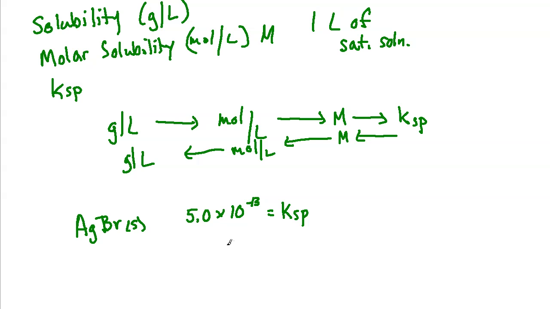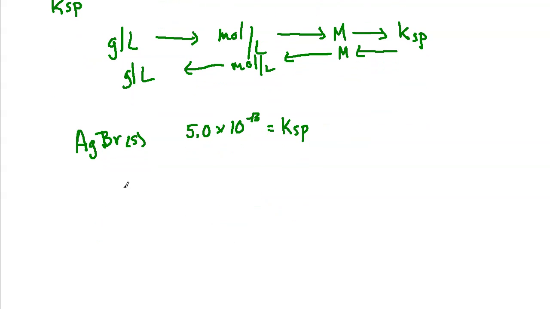Now, what I want to do is first set up the general dissociation or solubility equation. I know that AgBr as a solid can go into silver ions as well as bromide ions. Right?